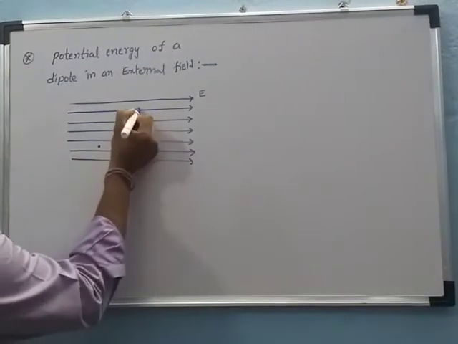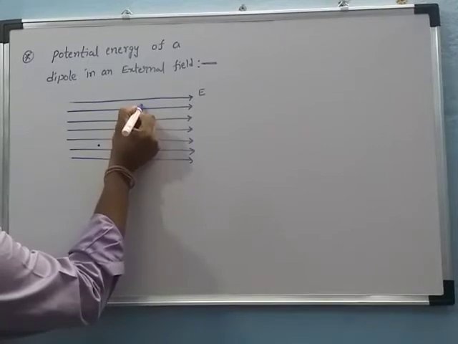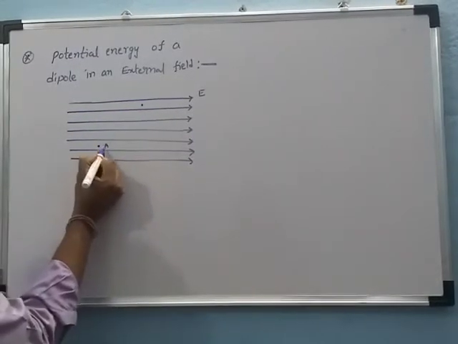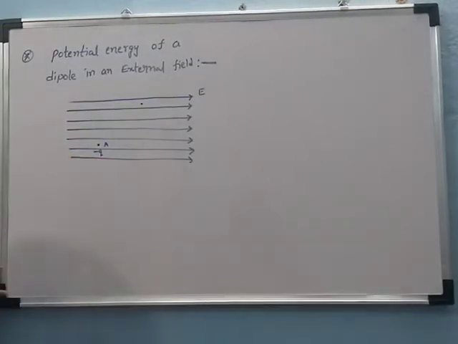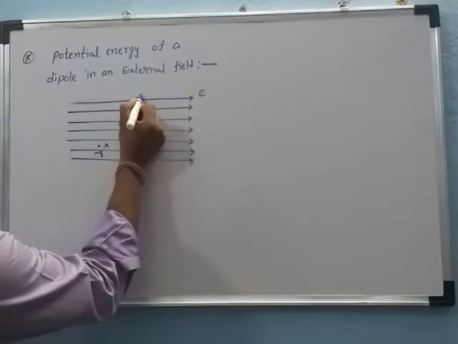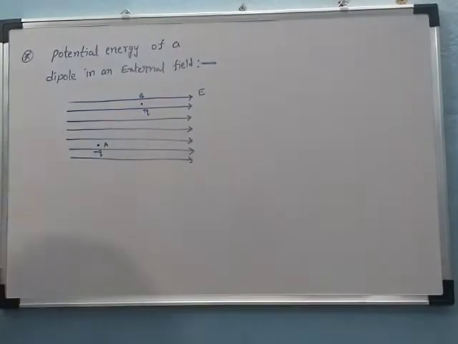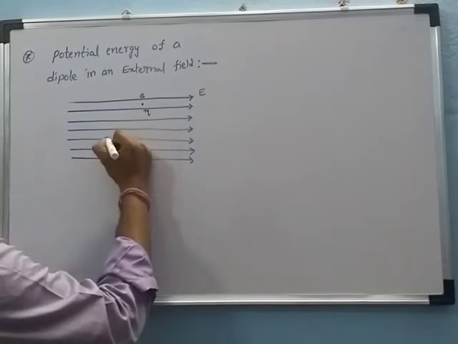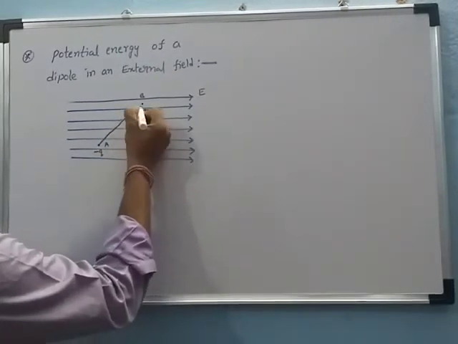A dipole is nothing but one negative charge and another positive charge. Here the negative charge is placed at point A and the positive charge is placed at point B. These two charges of the dipole are separated by a small distance.